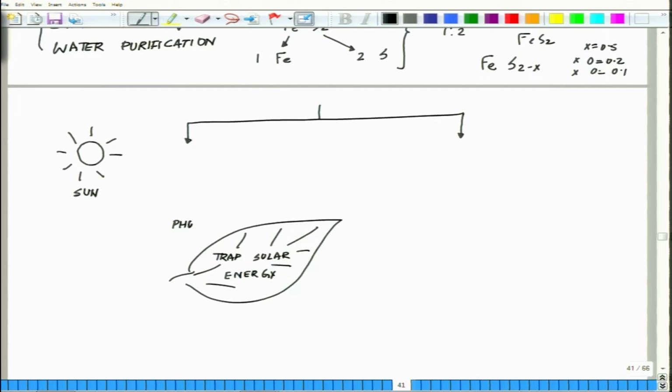Photo means light, and synthesis of food using light energy, or in other words synthesis of glucose molecules. So, solar energy driven synthesis of food, or carbohydrates, by the plants, and these carbohydrates or the plants are consumed by herbivores.